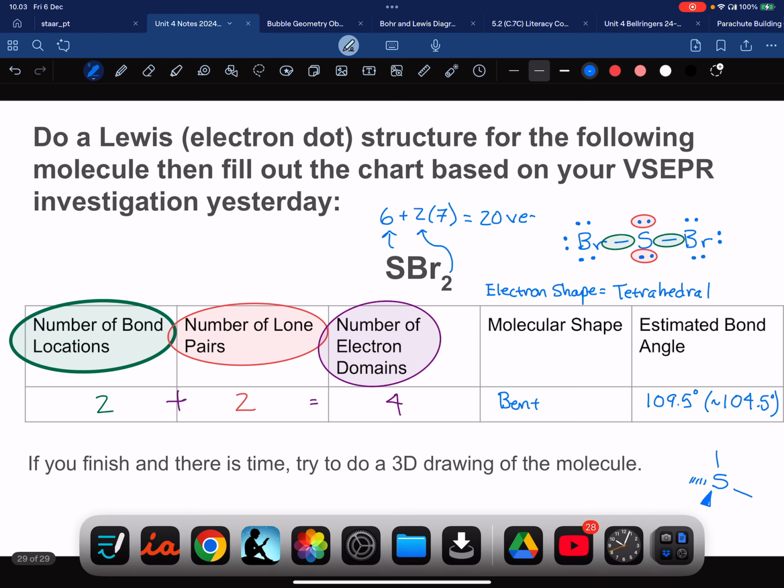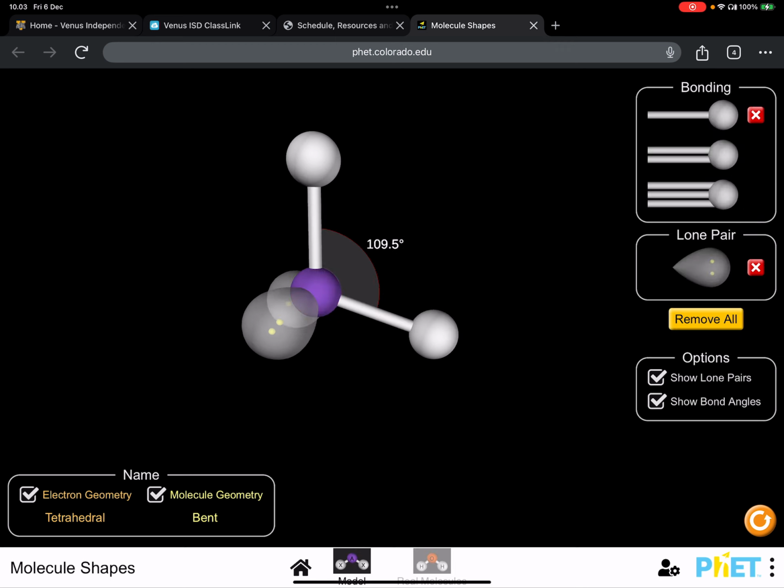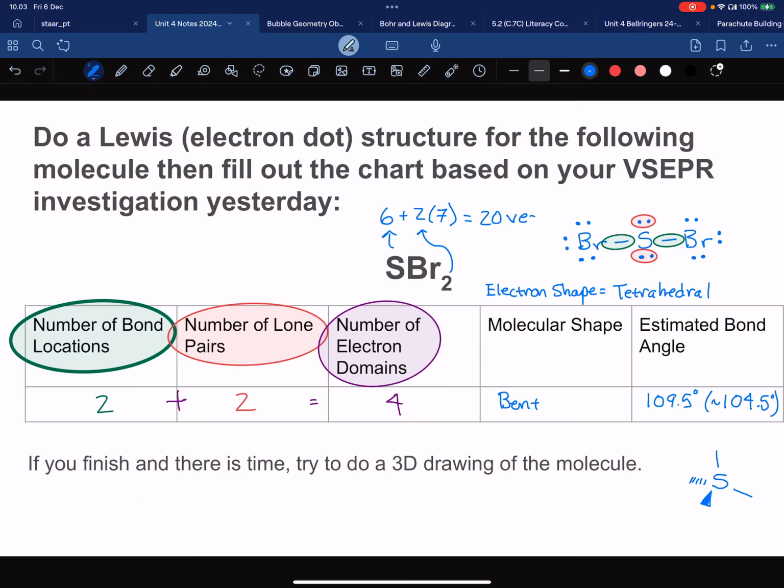Now, notice that is exactly the same as that, right? You got the line at the top, you got the line to the side, you got the 2 lone pairs, one coming out at you, one going back away from you. Then you go ahead and you put in your lone pairs and your atoms.